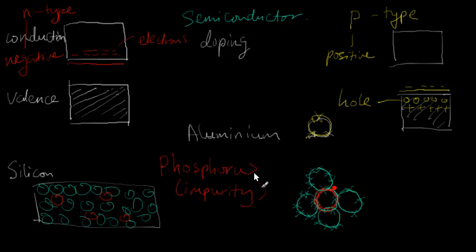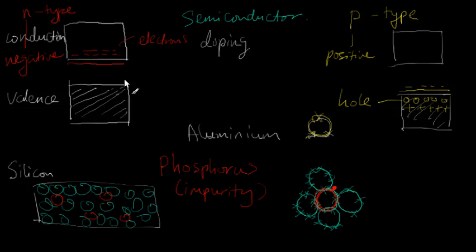Now, before I go on to describe how this is used to make a PN junction and a diode that is useful for electronics, let me just emphasize again that if these impurities had not been added, then a semiconductor like silicon has a band structure in which the valence band is fully occupied and the conduction band is completely empty.